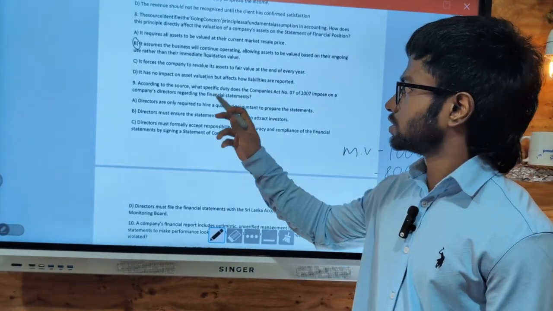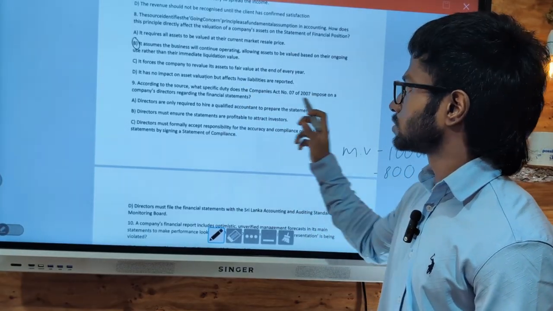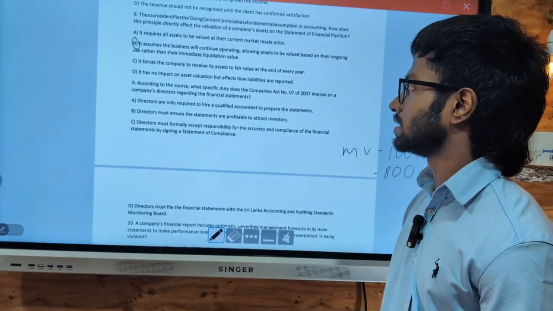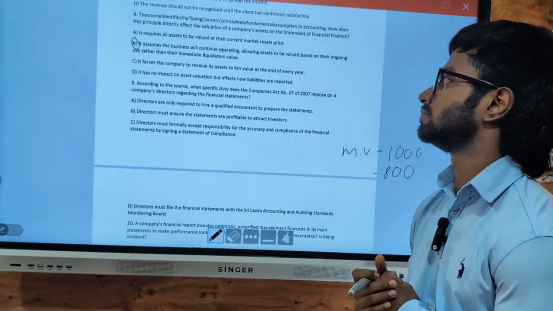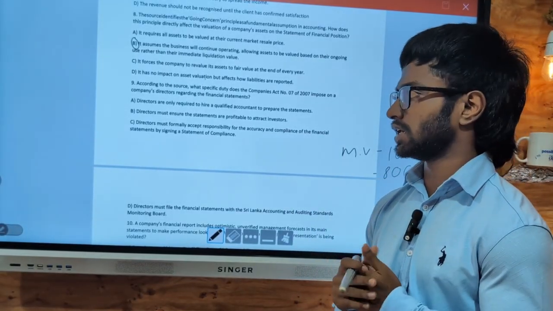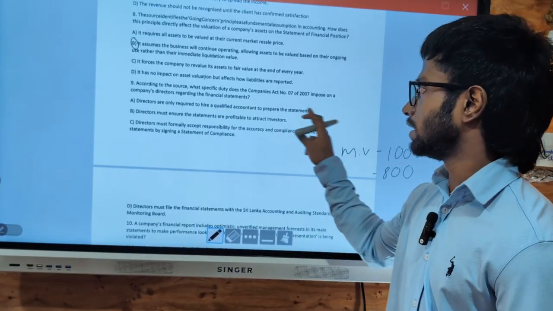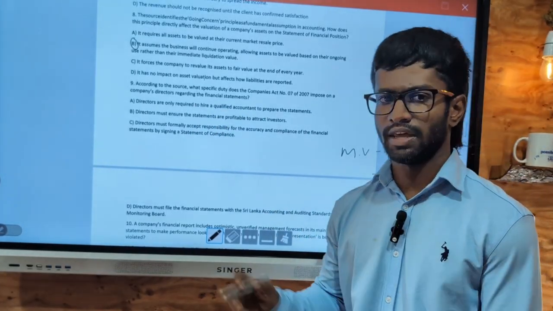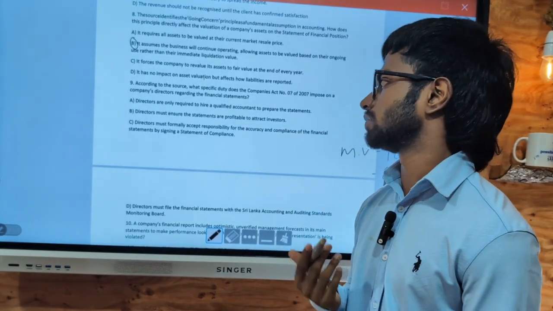Next, according to the source, what specific duty does Companies Act number 7 of 2007 impose on a company director regarding financial statements? Okay, so we'll see what this Companies Act says regarding directors. Directors are only required to hire qualified accountants to prepare statements. There is nothing like that. You don't have to be qualified to be hired as an accountant.